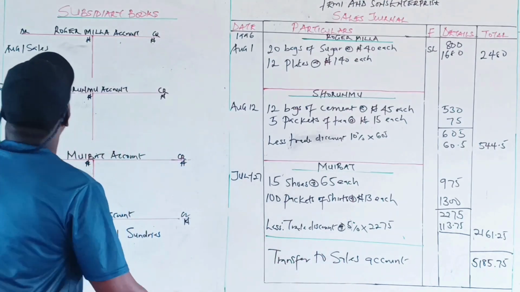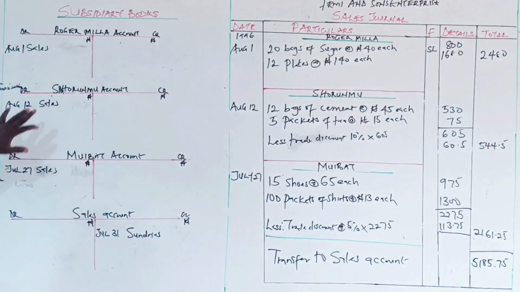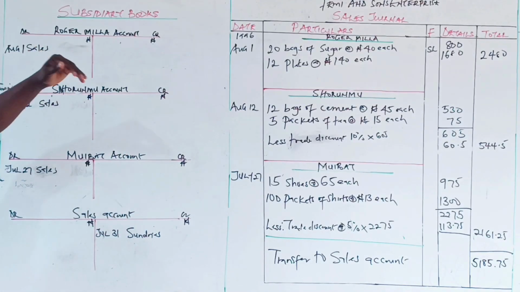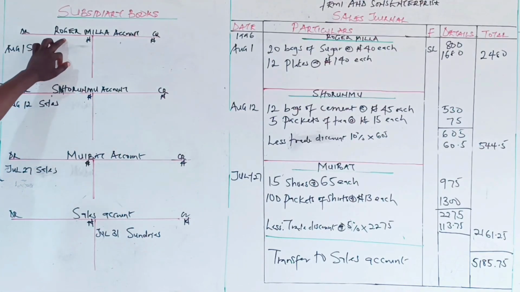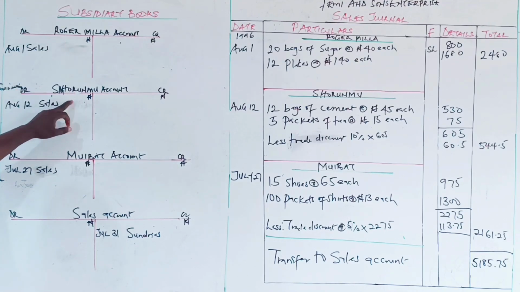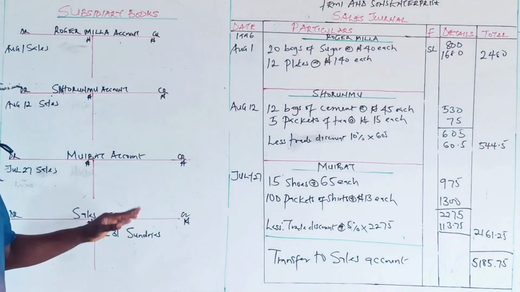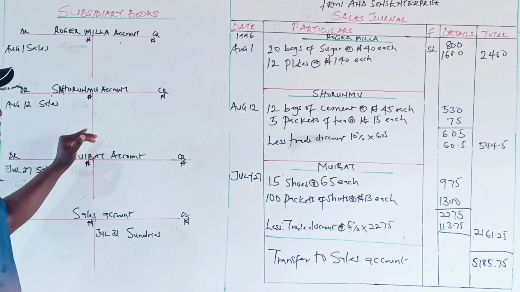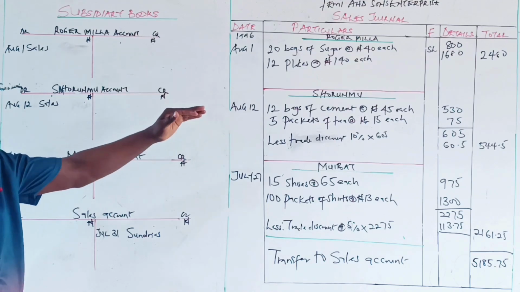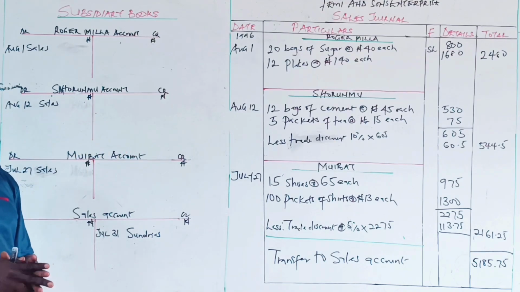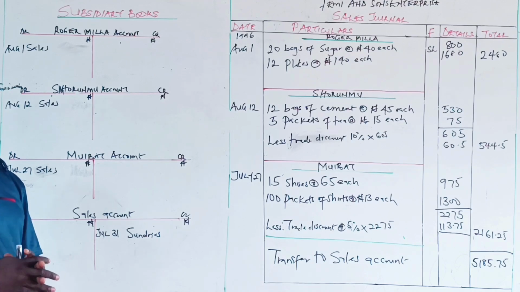So I will repeat the 4 accounts involved in this transaction, which are Rojamila account, showroom account, Moibas account, and sales account. The rule for posting to ledger from the tables is to debit the individual account and credit the sales account.